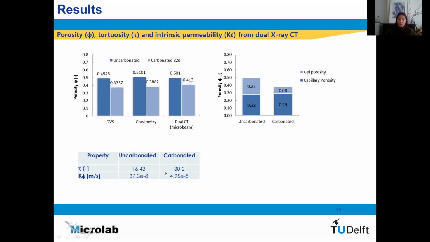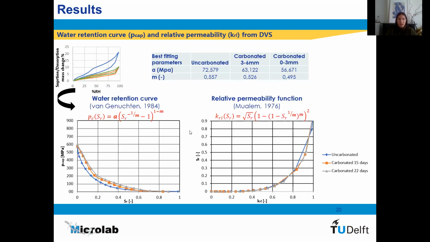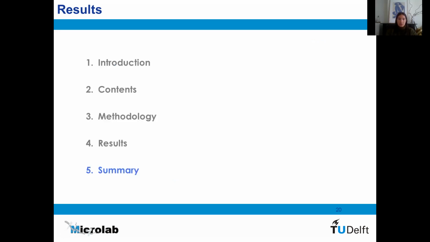The path gets elongated, and the permeability decreases, not only because of the tortuosity increase, but also because of the porosity decrease. And last, we obtain the coefficients of the water retention curve and the relative permeability functions that can be readily used for simulating transport in cementitious materials.